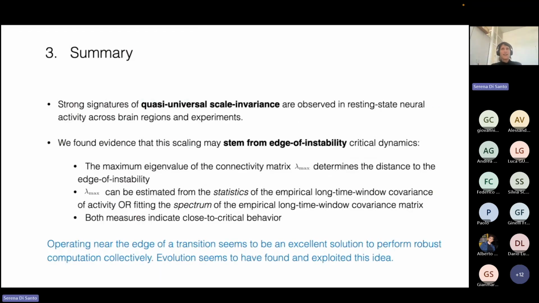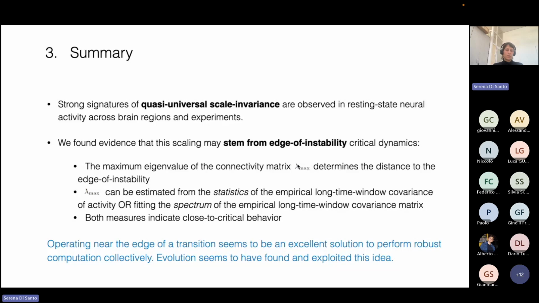Summary: to conclude, strong signatures of quasi-universal scale invariance are observed in resting state neuronal activity across brain regions and experiments. Here I didn't show that we analyzed different experiments, physiology but also electrophysiology, so different kinds of experiments. We found evidence that this scaling may stem from edge-of-instability critical dynamics.